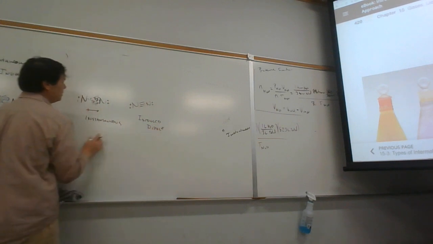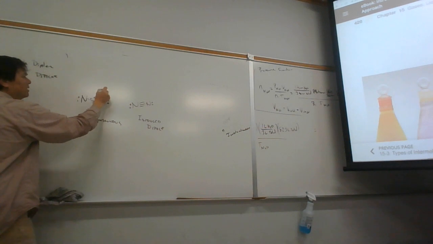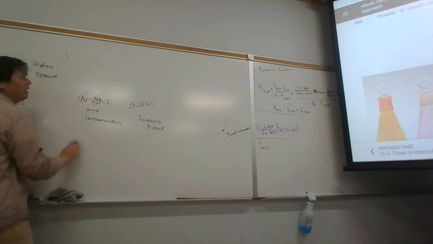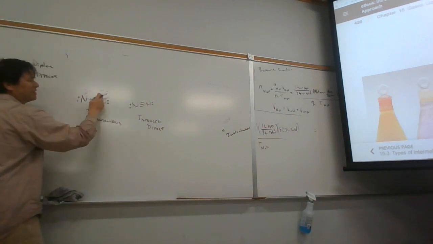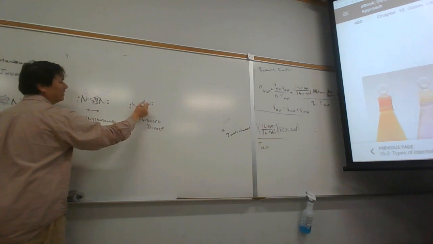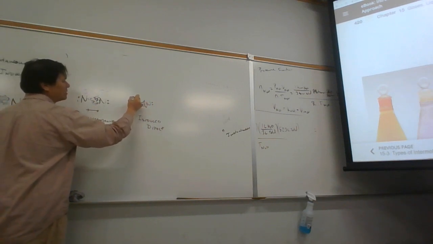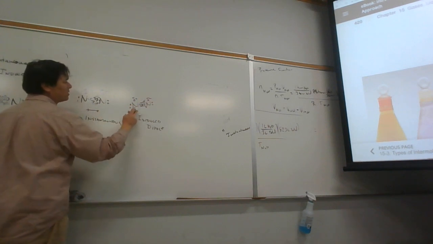First we set up an instantaneous dipole. This instantaneous dipole doesn't live for very long. So this is going to be delta minus over here, and this is going to be delta plus. Now the electrons over here are going to see this delta minus. They're not going to like it. They're going to want to go to the other side. If they go to the other side, that makes the electrons more rich on the right, and less rich on the left.